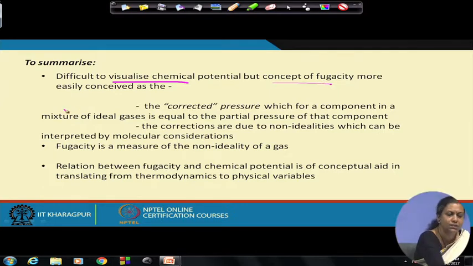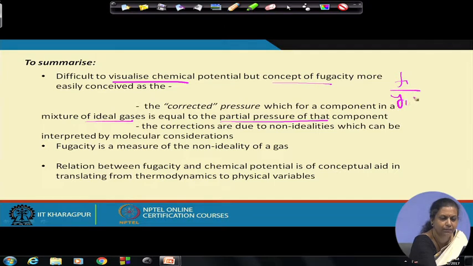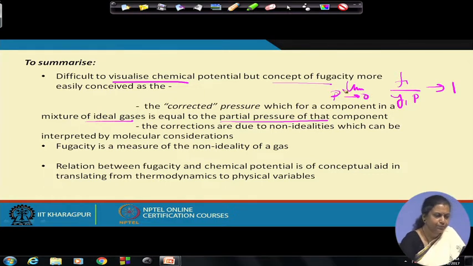It can be more easily conceived. What is it? It is the corrected pressure which, for a component in a mixture of ideal gases, is equal to the partial pressure of the component, just as I had shown in the last class. This tends to 1 for limit P tends to 0, right.